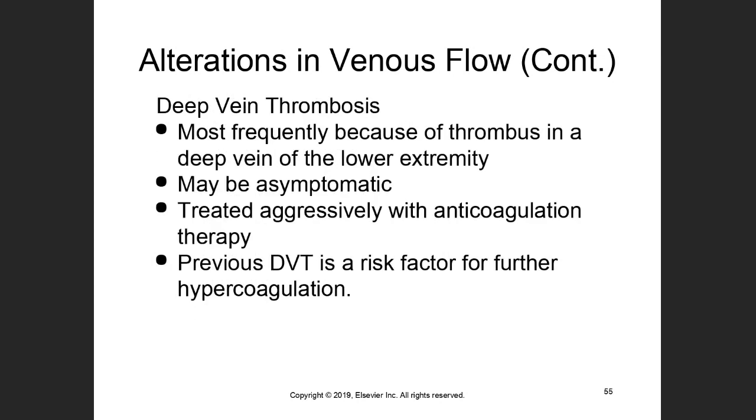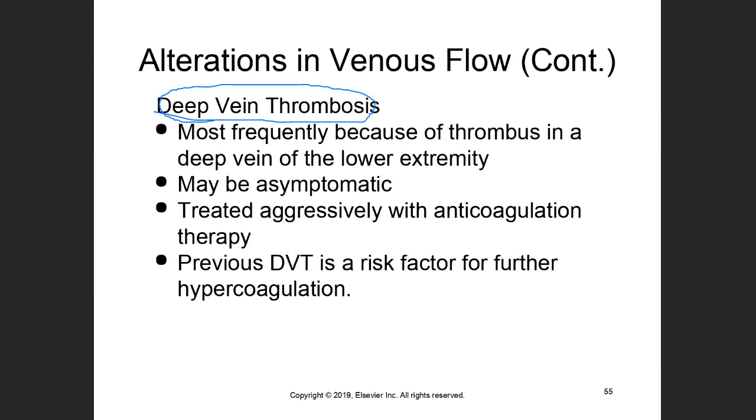And right here we have deep vein thrombosis, most frequently because of a thrombus in a deep vein of the lower extremity. One of the main signs and symptoms is, of course, swelling. Don't say inflammation, it's swelling of the lower limbs. One of the main differences from other diseases is that deep vein thrombosis is basically always unilateral.